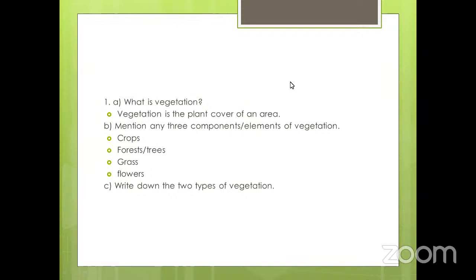Natural vegetation. Good. Any other? We have natural vegetation. Any other type? Yes, Dan, apart from natural vegetation?